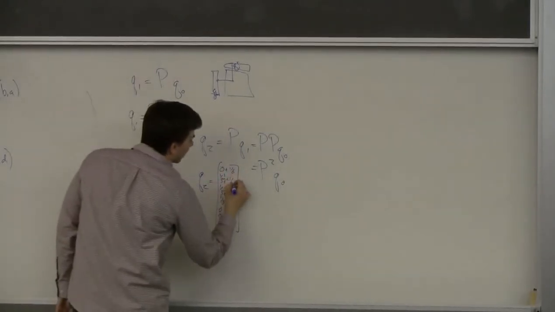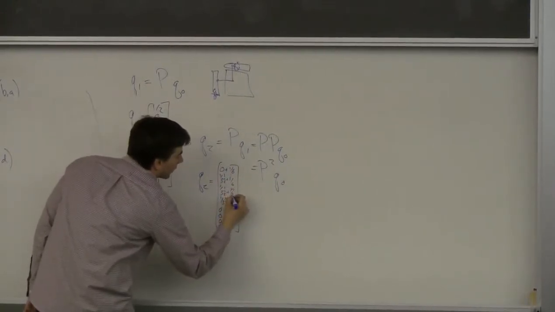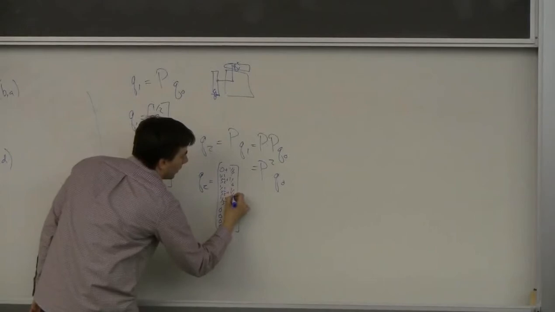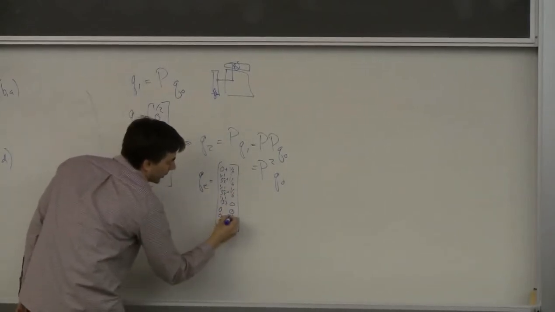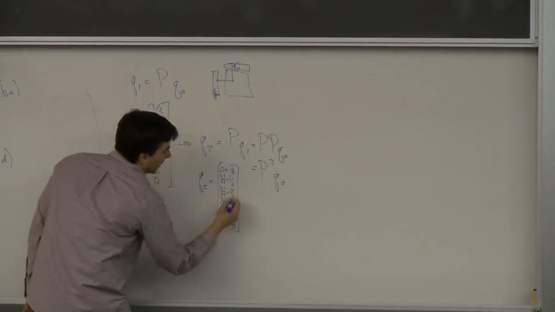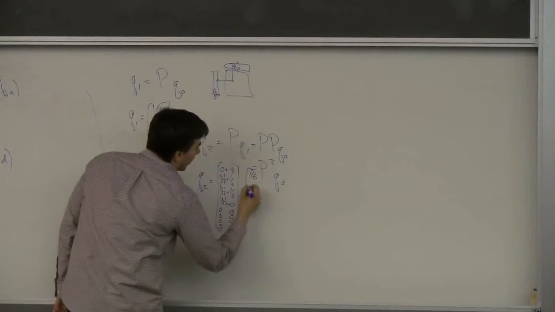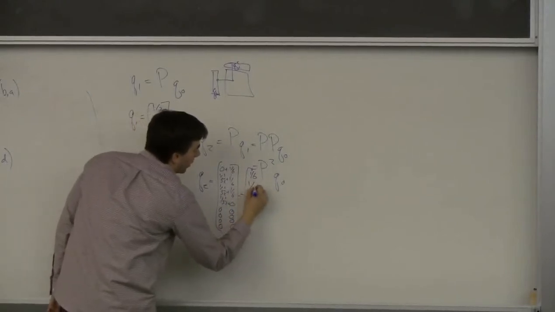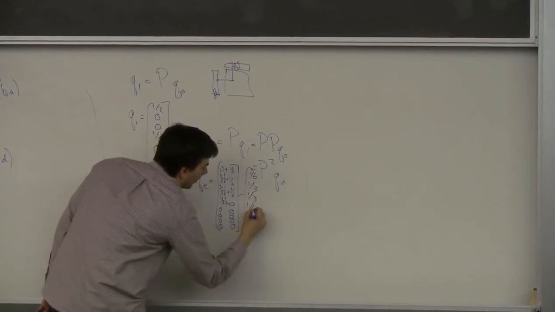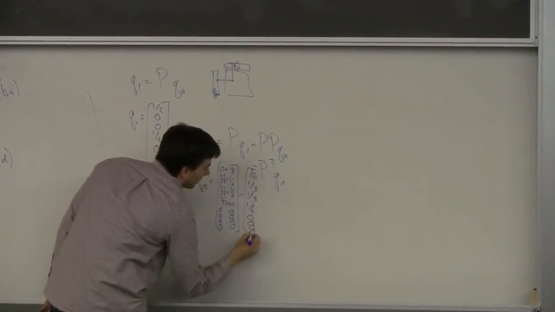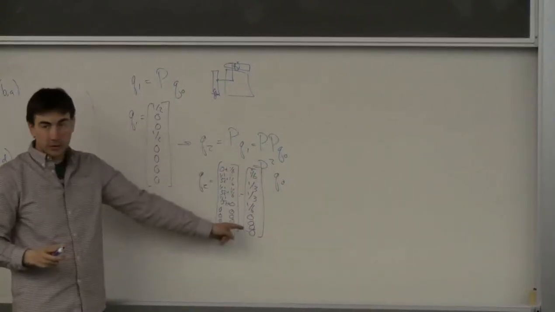So 1/6 of the time I'm going back to D, plus 1/6 of the time I'm going to C. I'm not going to D anymore. So I'm adding these up, and so I get 1/6, 1/3, 1/3, 1/6, 0, 0, 0. Okay, and if I add up these values, it should add up to 1.